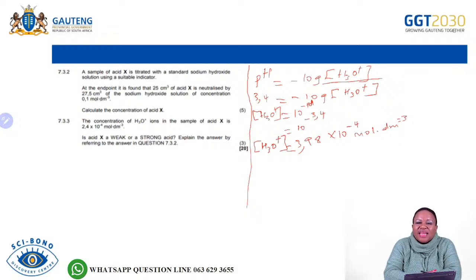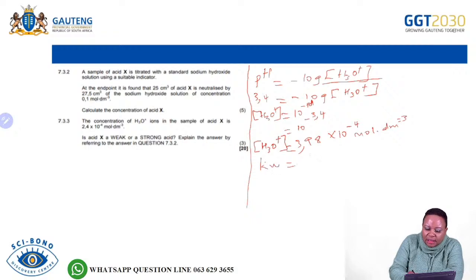Now, the examiner doesn't look for the concentration of hydronium ions, but they are looking for the concentration of the hydroxide ions. Therefore, where are we going to find our concentration of hydroxide ions? From the information where we looked at the ionization of water, we know that Kw is the concentration of H3O+ multiplied by the concentration of OH minus.